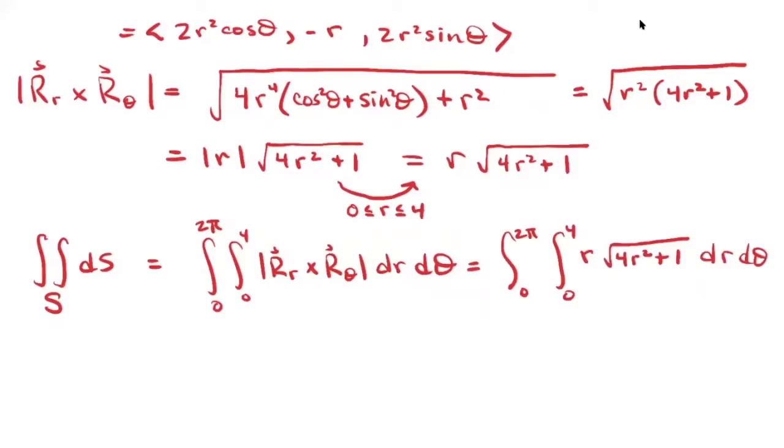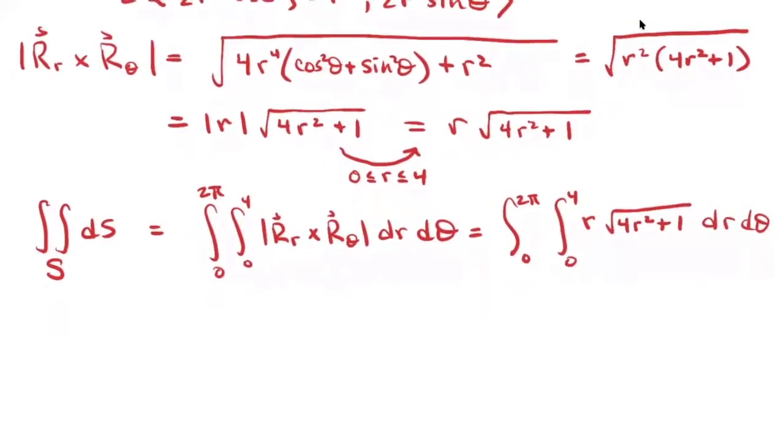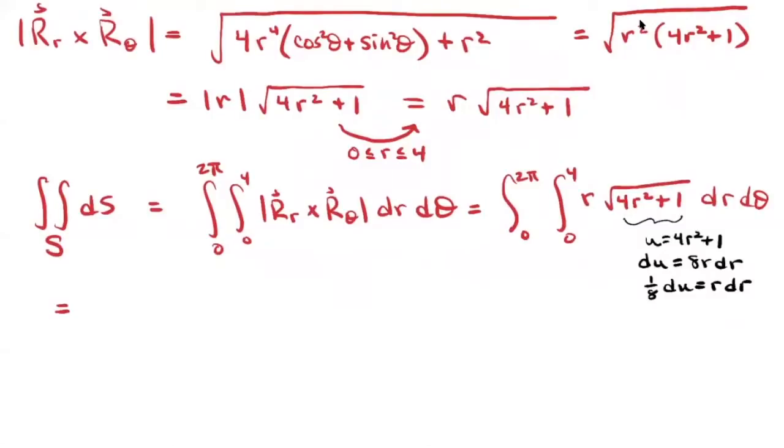You could split that into two integrals that are multiplied. By the way, I'm going to do a substitution. It's kind of obvious here that u is going to be 4r squared plus 1, so du is 8r dr. So 1/8 du is r dr. Maybe I'll do this in a couple of steps.